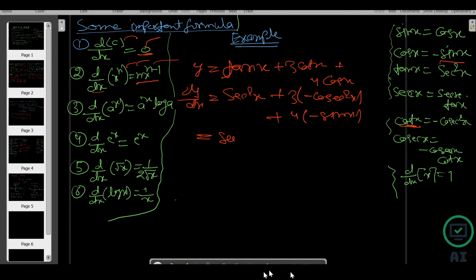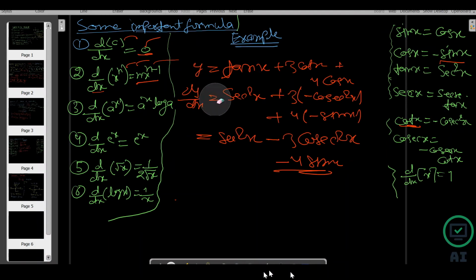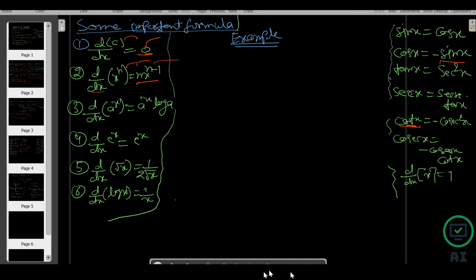So if you solve it, it is sec square x minus 3 cosec square x minus 4 sin x. So this is the differentiation.